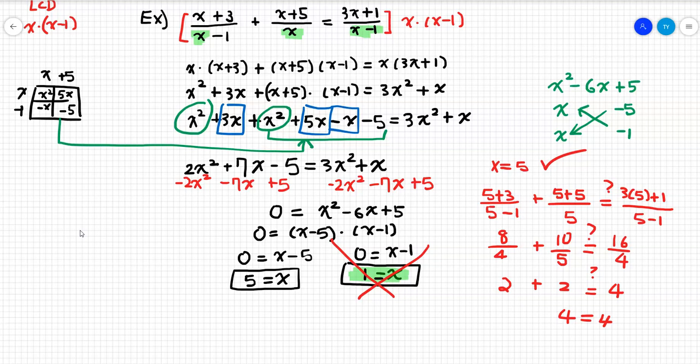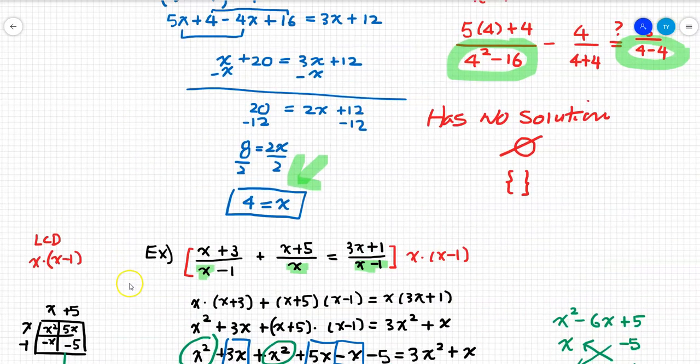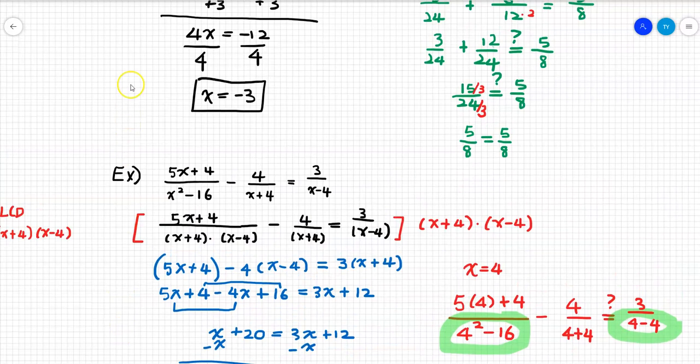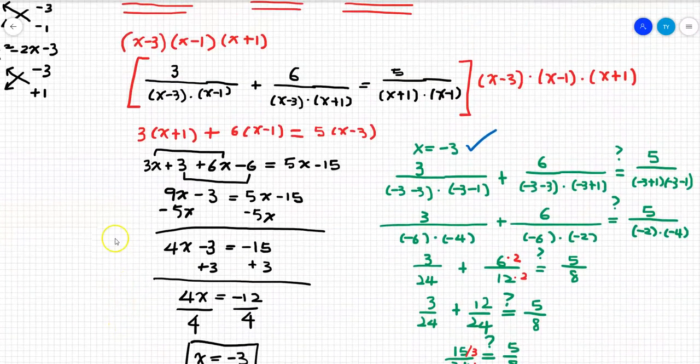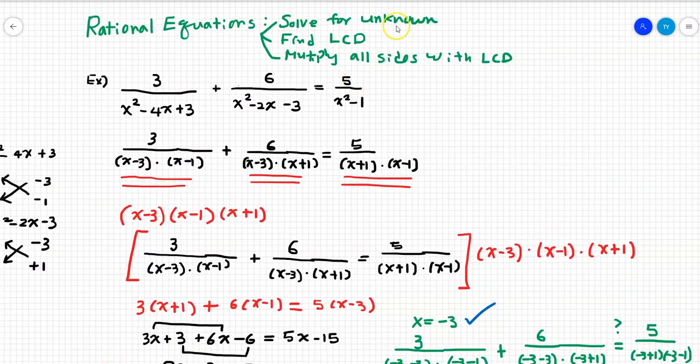Okay, so just a recap. When you're solving rational equations, the first thing we do is set up to solve for the unknown x. Then we find the LCD to eliminate the fractions, get rid of the denominator.